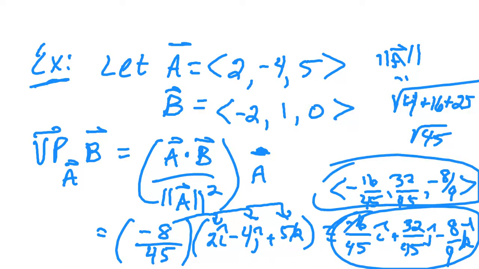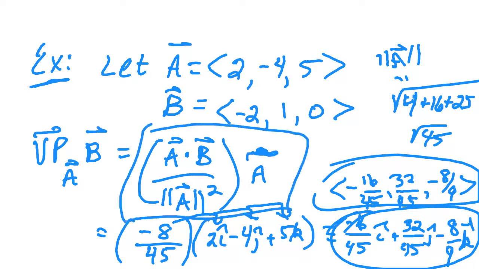So I'll let you do the other one, the vector projection of A vector onto B vector. But to me, this formula would be a little bit easier to use here. Otherwise, you have to figure out what that angle theta is, which we can do as well. So why don't you go ahead and use the other formula for this?